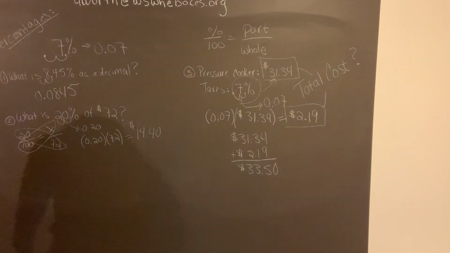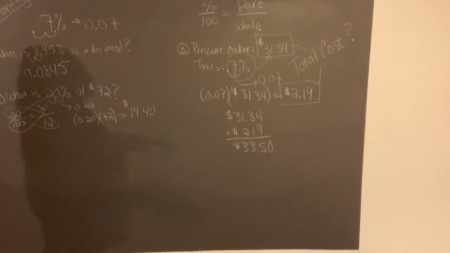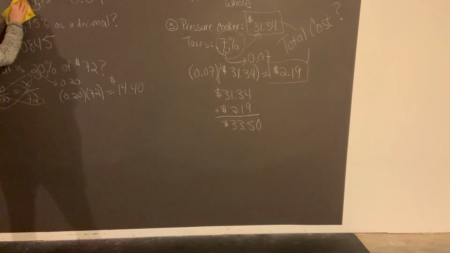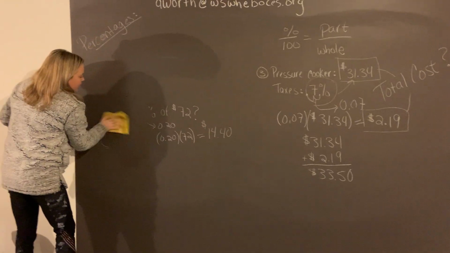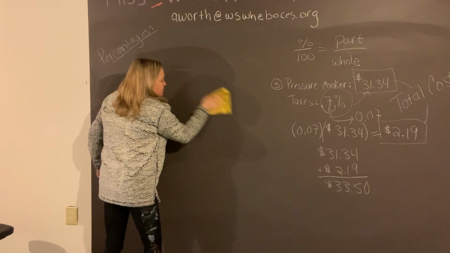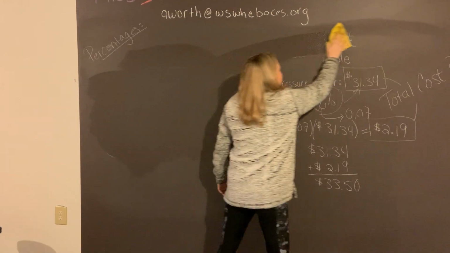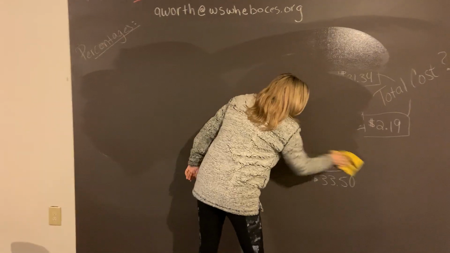All right, so again, I believe that number 3 is actually one of the more intricate ones that we're going to do. As far as how many steps you have to make, just make sure you read the question, you're looking at it, and you're trying to figure out what it's actually asking.